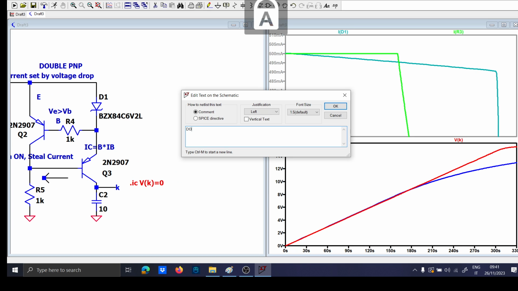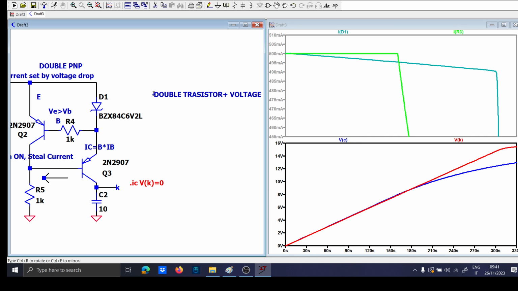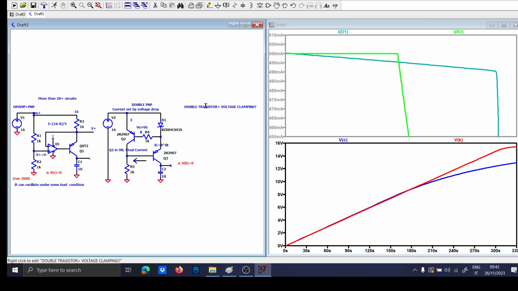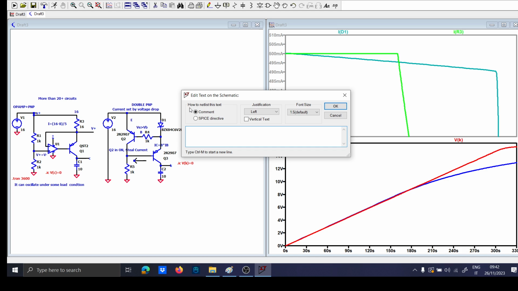So, can we have the double transistor plus voltage clamping? And the answer is yes. Actually, it is probably the most famous circuit, and it is called a current-limited voltage regulator.